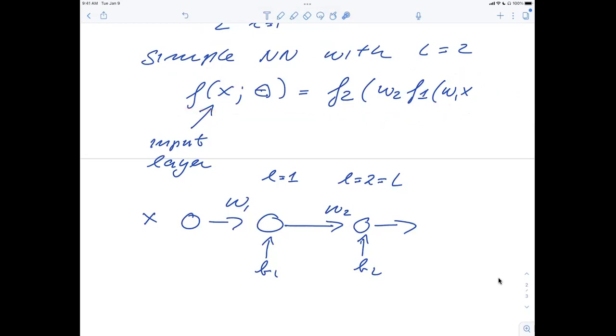So I need to add some more details because this is going to contain a plus B1. That's the function which produces the output from the first hidden node. And then there's going to be a plus B2 here. So when we are calculating the cost function and updating the weights, and we want to optimize the weights, we need to take the derivatives of this specific activation function.